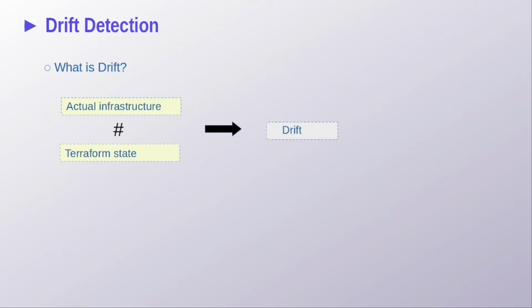How does Terraform detect drift? Terraform detects drift when you run terraform plan or terraform refresh. Terraform compares what it remembers with what actually exists.